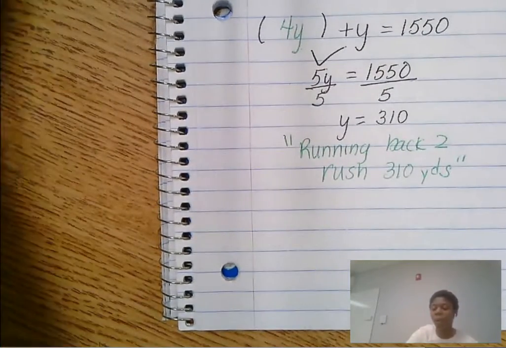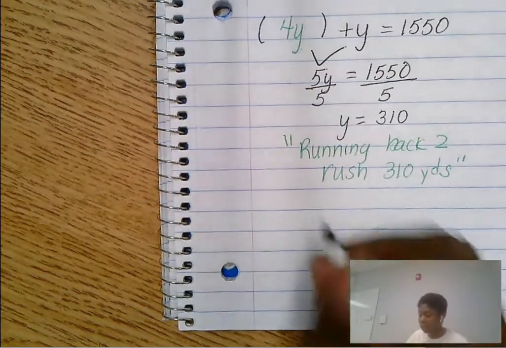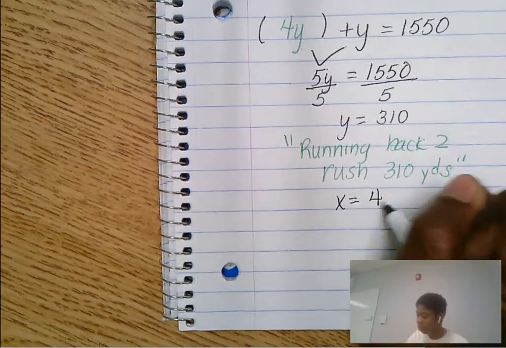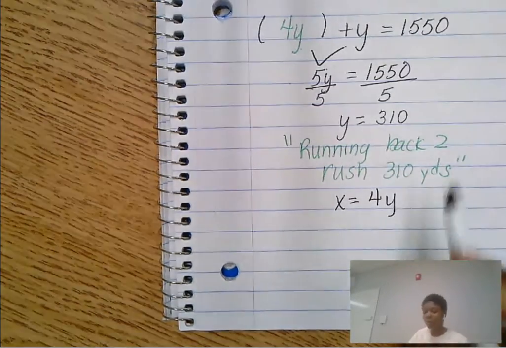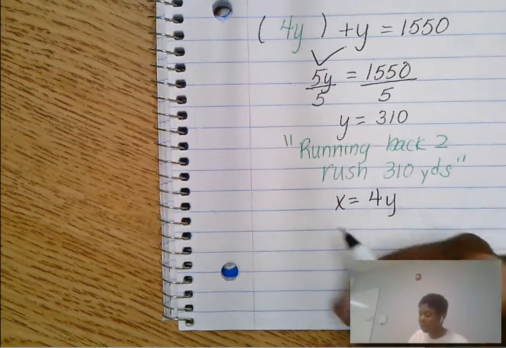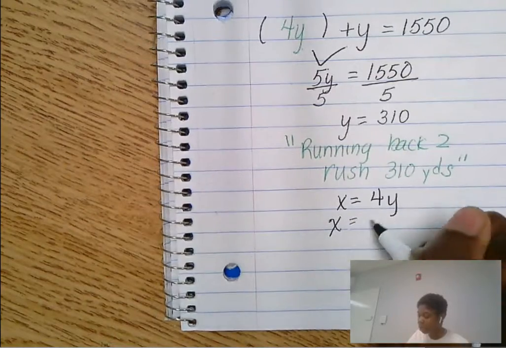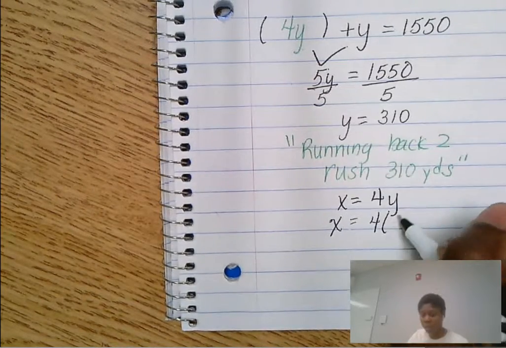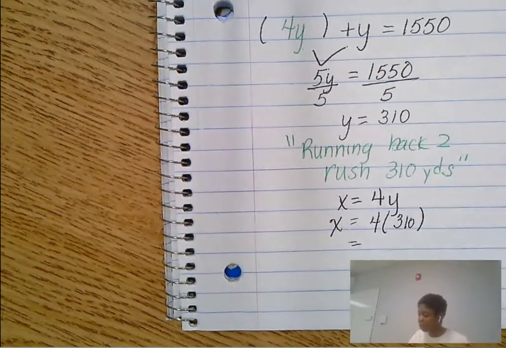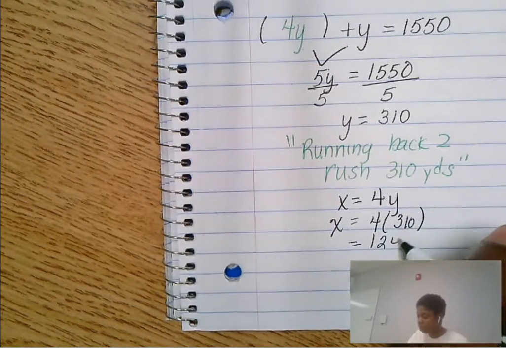Okay, so we know that our isolated equation is X is equal to 4Y. Now, from here, we know that Y is 310. So we're going to get that X is equal to 4 times 310. And that's going to give us 1240.